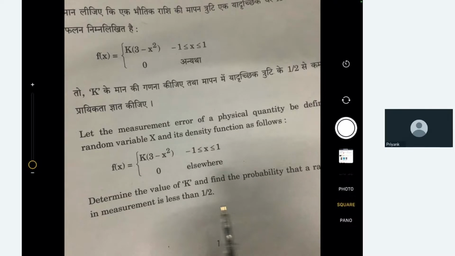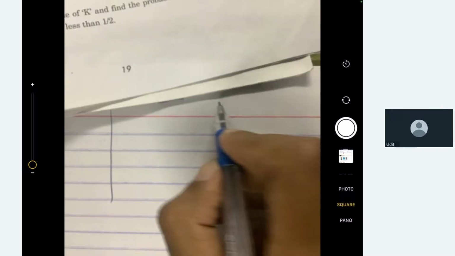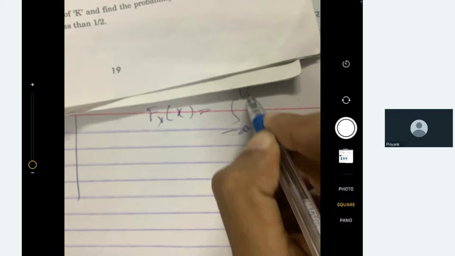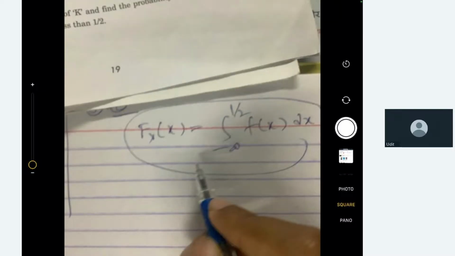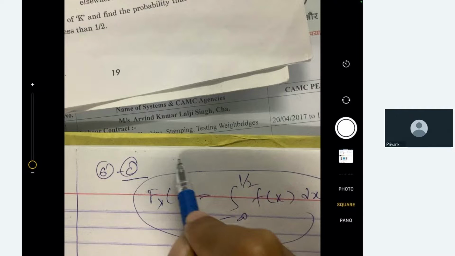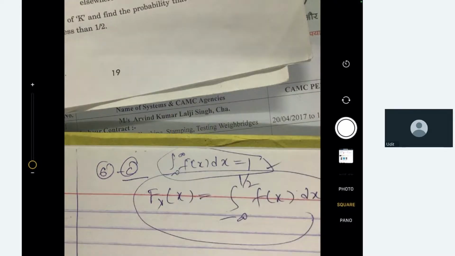So less than 1/2 will be the integral from minus infinity to 1/2 of f(x) dx, right? And the first part can be found from the integral from minus infinity to infinity of f(x) dx equal to 1. So this completes our question number 6.